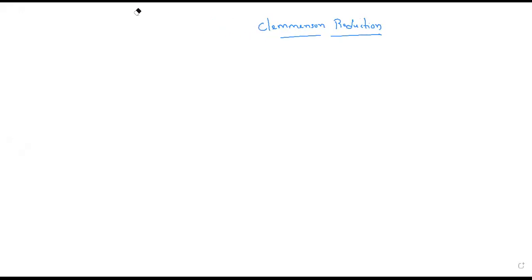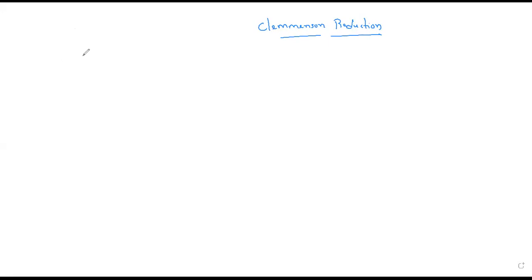Right. So before we discuss the general reaction mechanism of Clemmensen reduction, first, I will make you understand what exactly Clemmensen reduction means, what it is about.